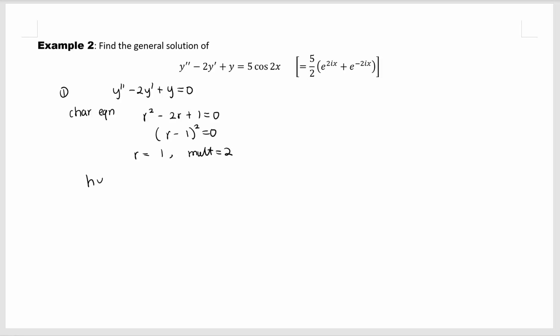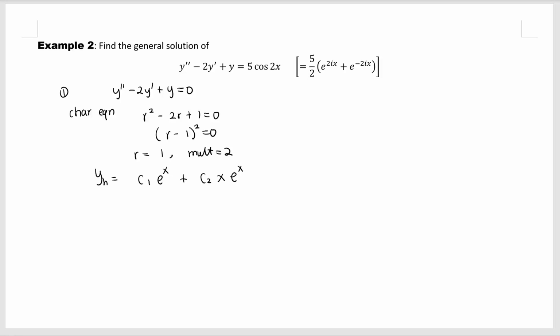What is yH? What's the homogeneous solution? Well, the homogeneous solution is then c1 e to the 1 times x, which is e to the x. Multiplicity 2 means for the next term, you just multiply by an extra x.